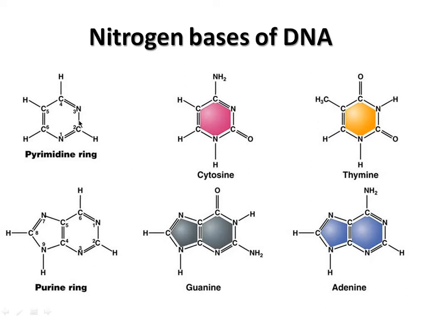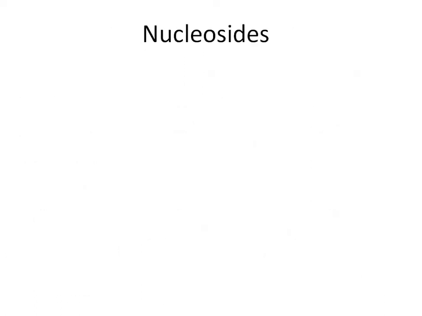Now always the third carbon position of a pyrimidine gets linked to the first carbon atom of sugar, and the ninth position of a purine gets attached to the first carbon of a sugar molecule. That is how the nitrogen bases get attached to the sugar molecule to form a nucleoside.